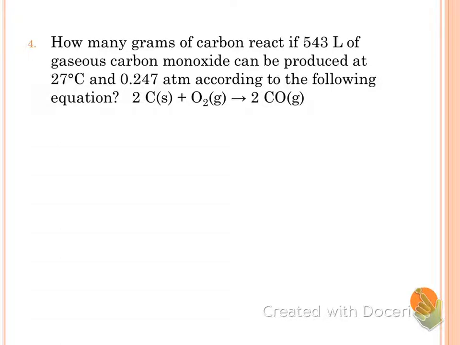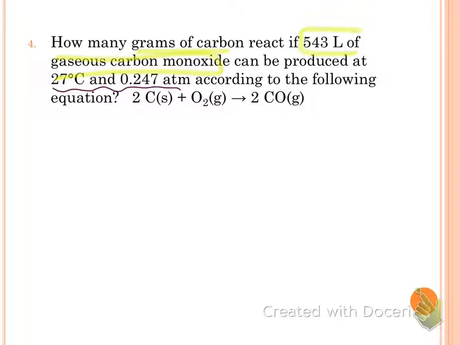Okay, so here on 4, we're looking for grams of carbon reacting if 543 liters of carbon monoxide can be produced at this temperature and pressure here. That is not STP, so you should always have that little light bulb going off. Not at STP, use PV equals nRT. And we have our balanced chemical equation.